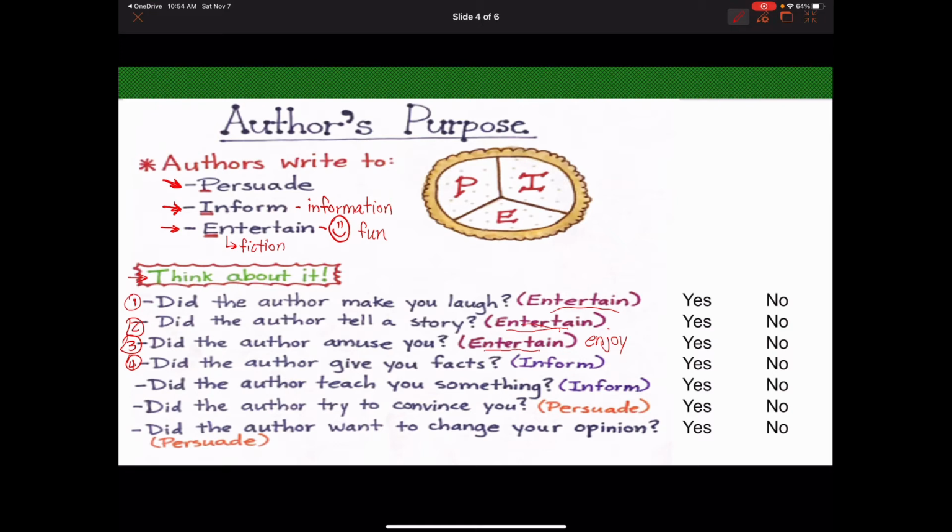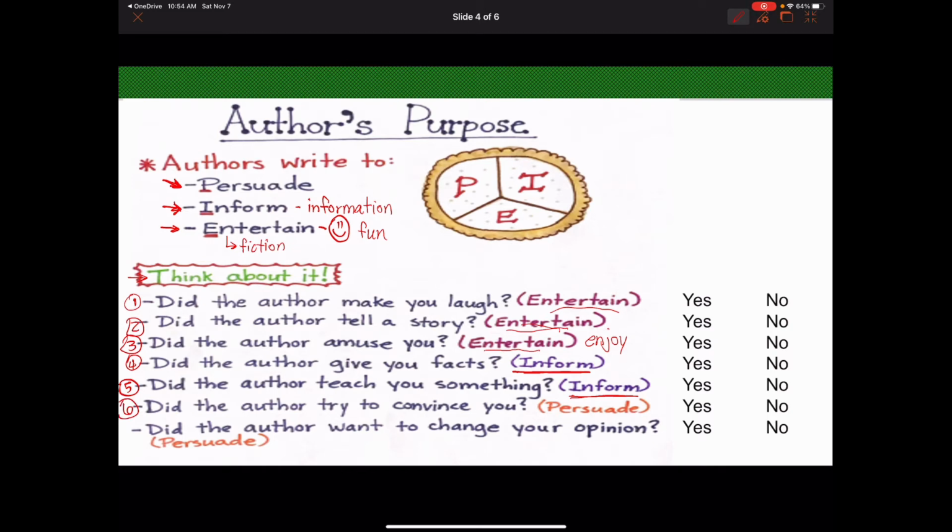If so, they were trying to inform you. Did the author teach you something? Did they show you how to do something? Did they tell you how to do something? Did you learn something new about a topic? If so, the author was trying to inform the reader.